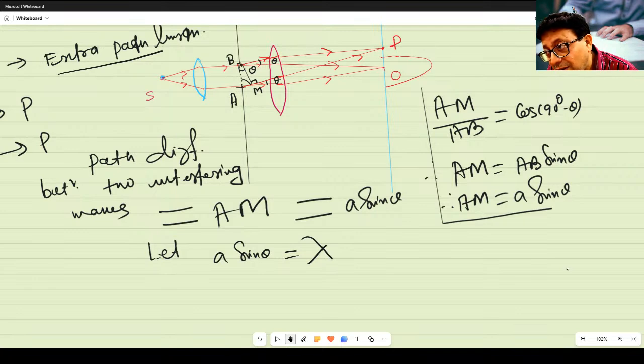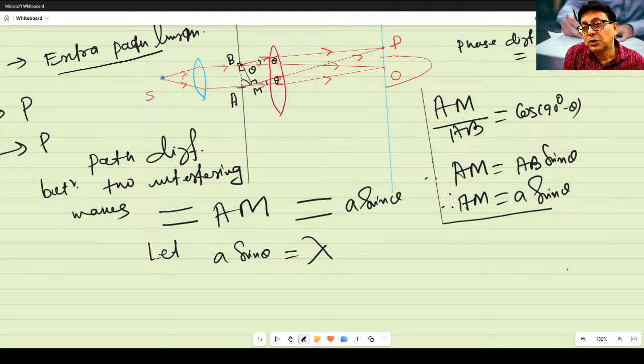You assume that. In the last class we studied that phase difference equals 2 pi by lambda into path difference.